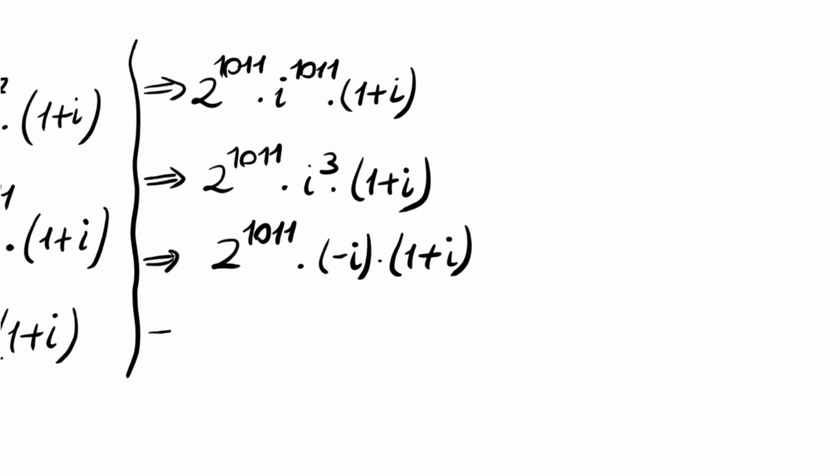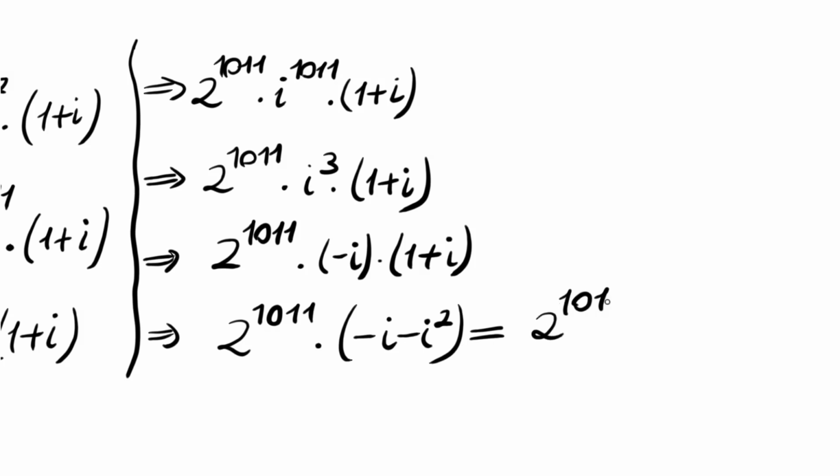If we just distribute this negative i, we will have 2 to the power of 1011 times negative i and negative i squared, and this is equal to 2 to the power of 1011 times, since i squared is negative 1, negative i squared, sorry, negative 1 times negative 1, is 1.